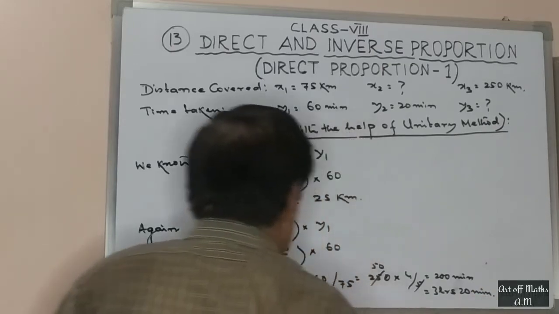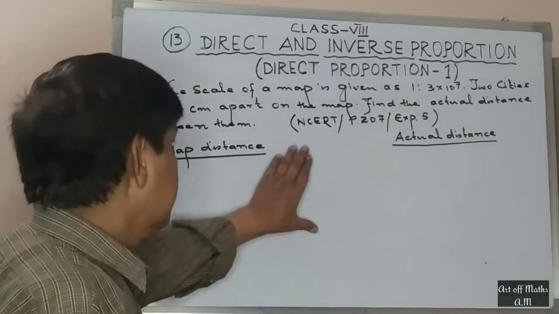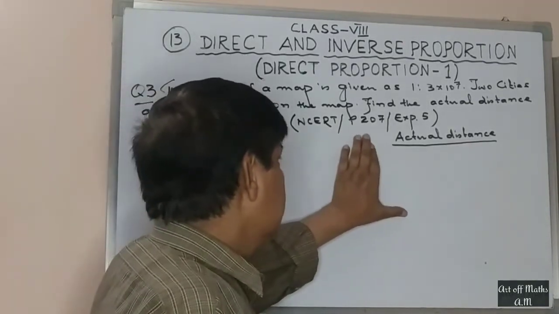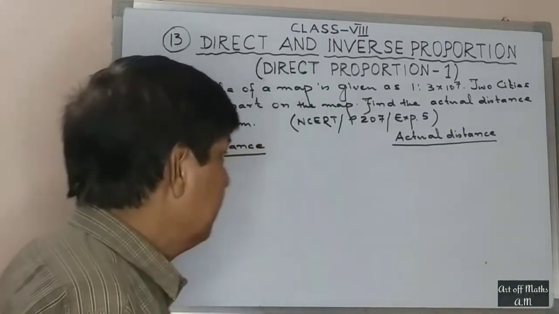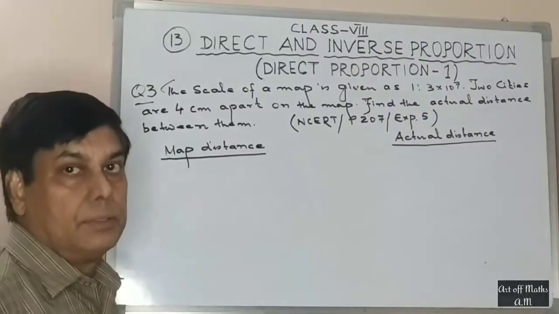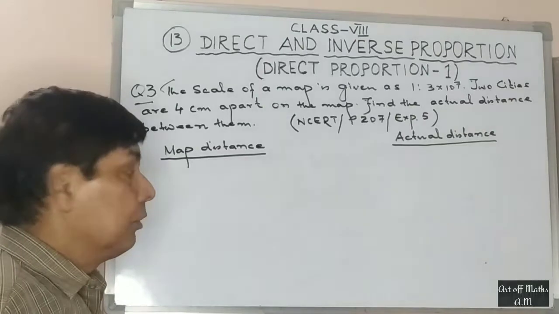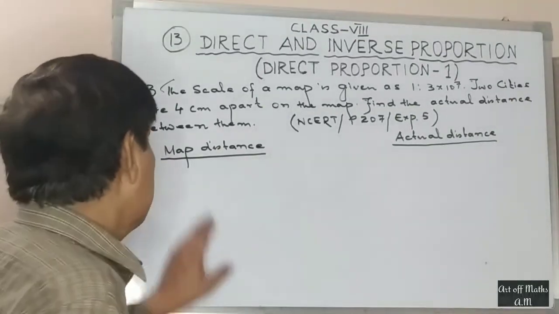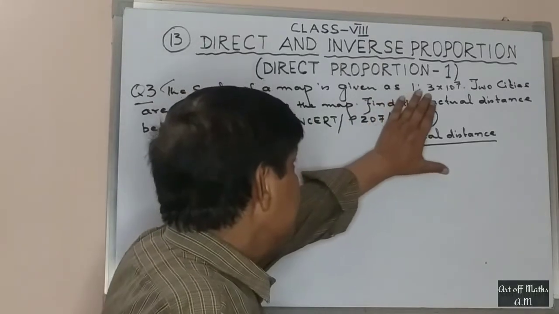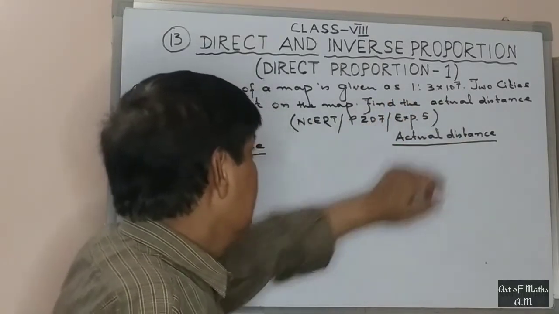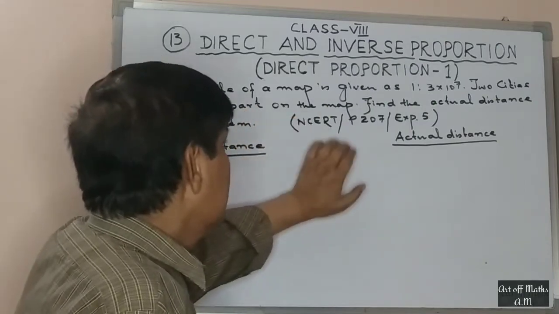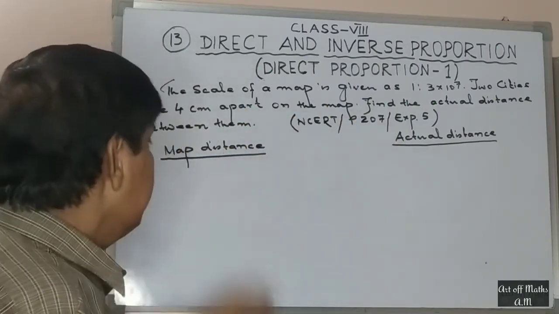Now this question I have taken from NCERT, page number 207, example 5. Generally, students try to ignore the examples, but don't do so. Now the question is, the scale of a map is given as 1:3 into 10 to the power 7. Two cities are 4 centimeters apart on the map. Find the actual distance between them.